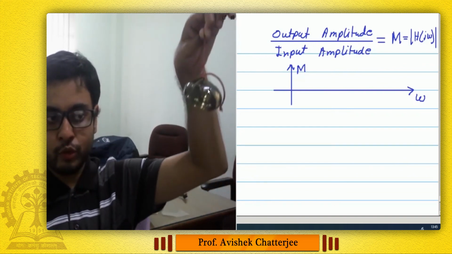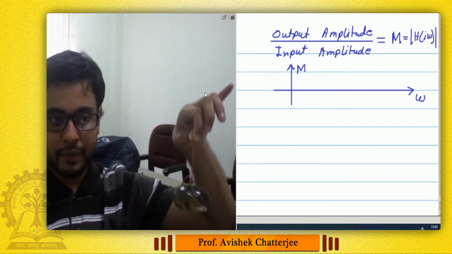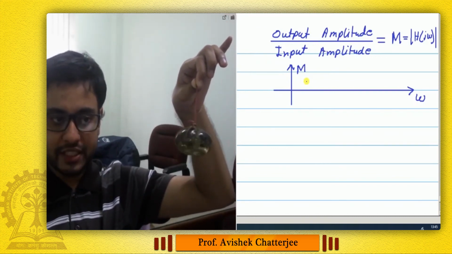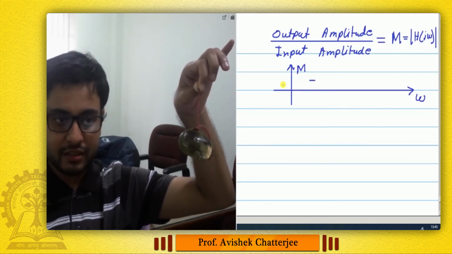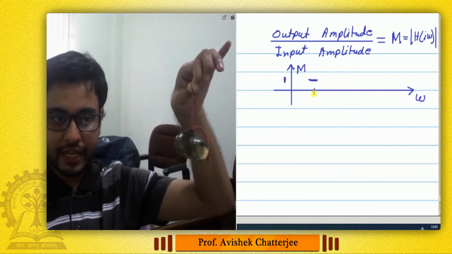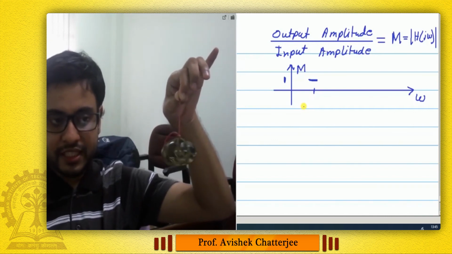As much as I am moving my finger, the weight is also moving by the same amount. So at very low frequency, this ratio will be 1. So if this point is 1, it will be something like this at a very low frequency. Then let me increase the frequency.